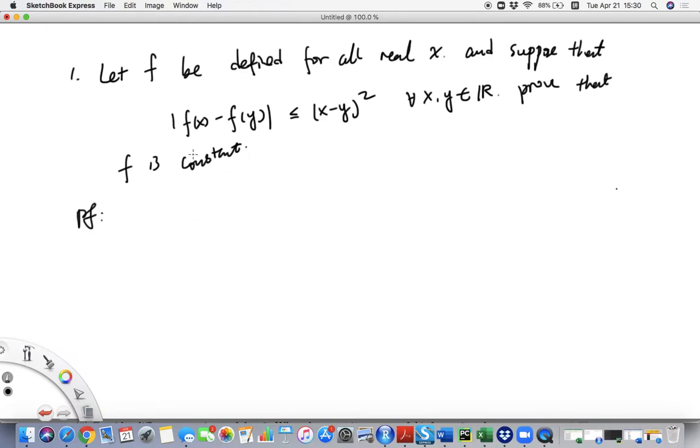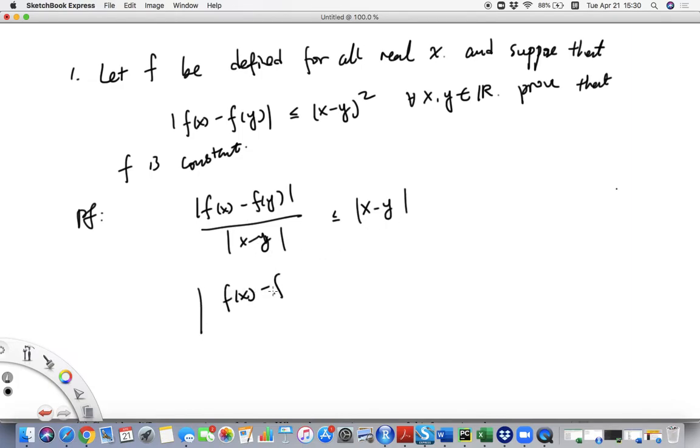So what do we do? One thing we can do is divide both sides by x minus y. On the left-hand side, that's just the difference quotient.